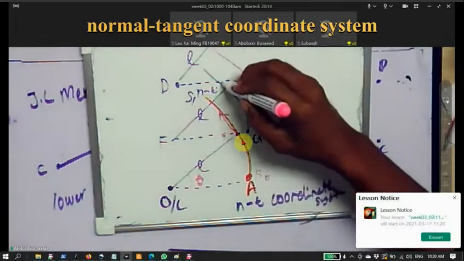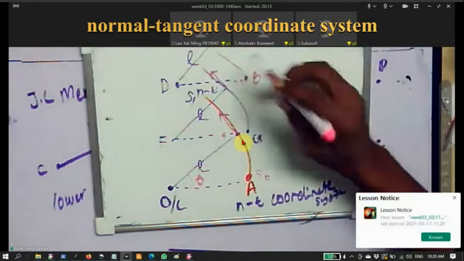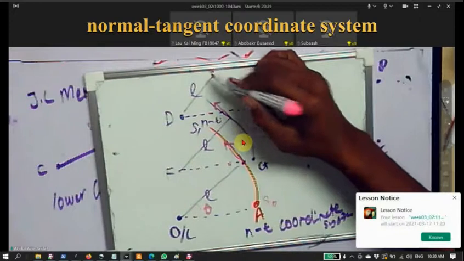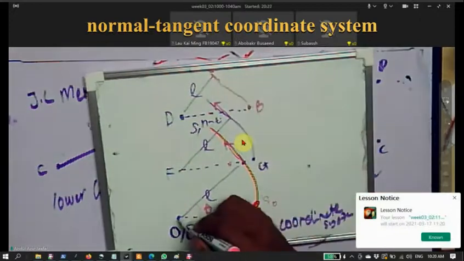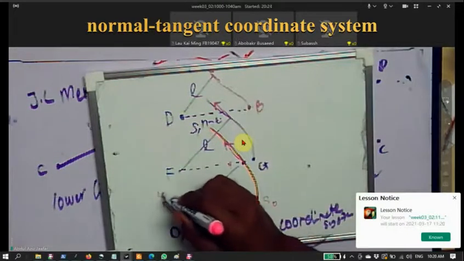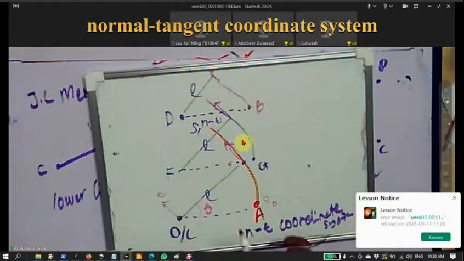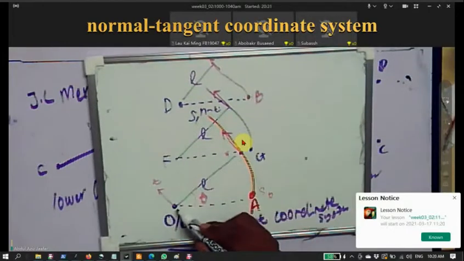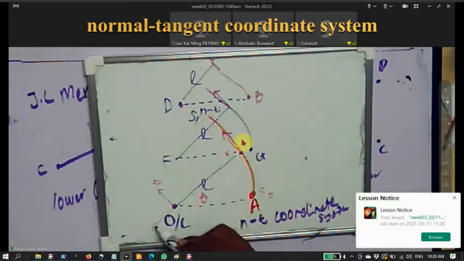This one is also in that direction, this one in that direction. Our coordinate system will be like that. That is T, and N is always pointing toward the center of rotation. So that's BD and the coordinate system.